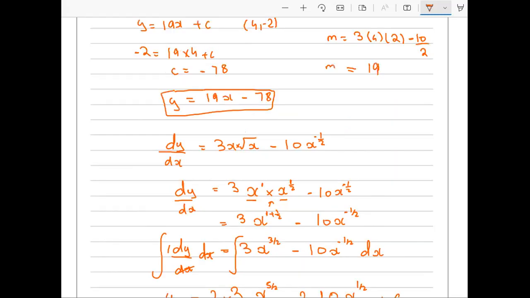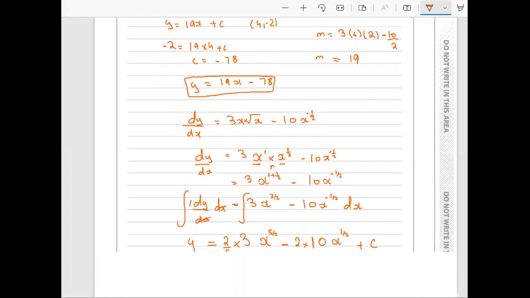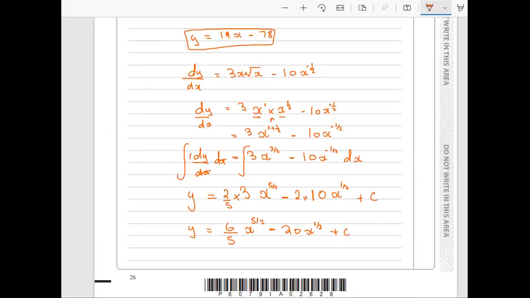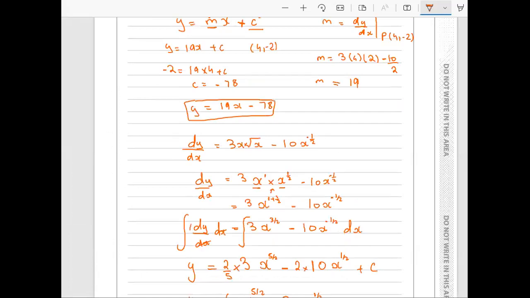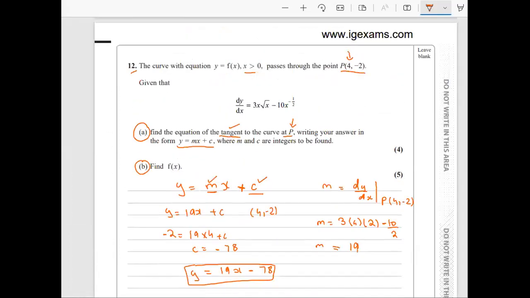And are we done, Mikal? Like, is this the answer? Yes, I think so. Yes, this could have been the answer, but since they want us to find f of x, when they give us the question, they don't give us the question with constants, right? So we need to find the value of the constant using this point, 4 and minus 2.